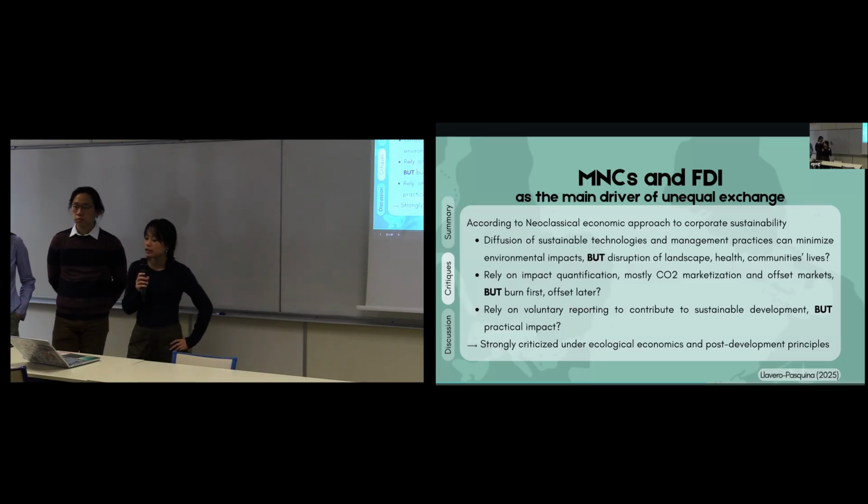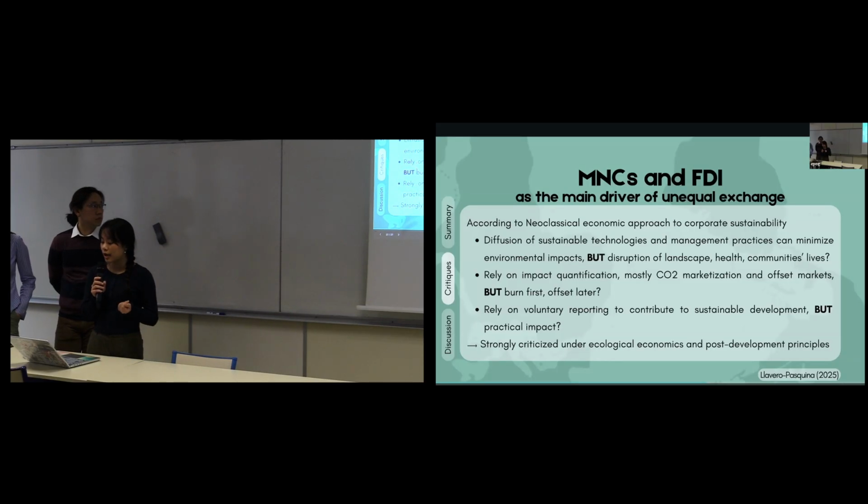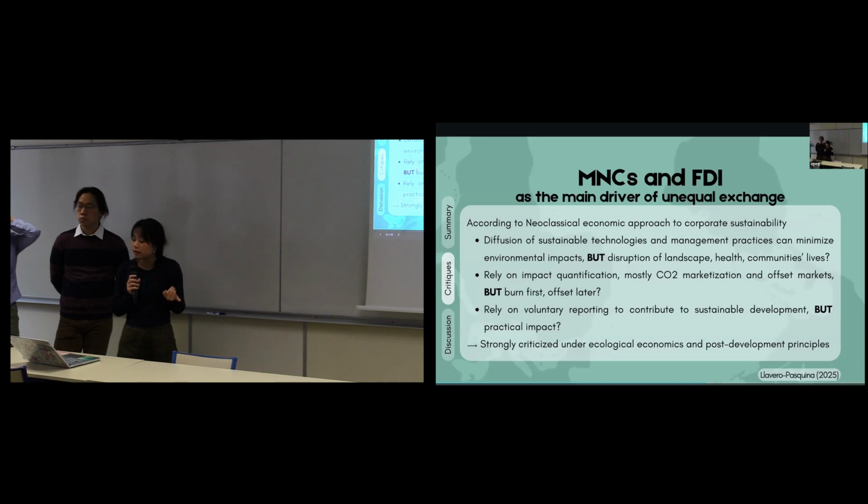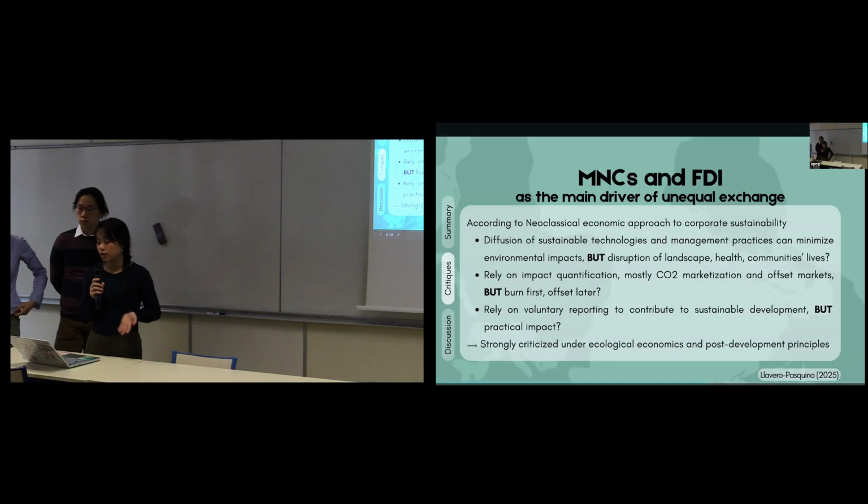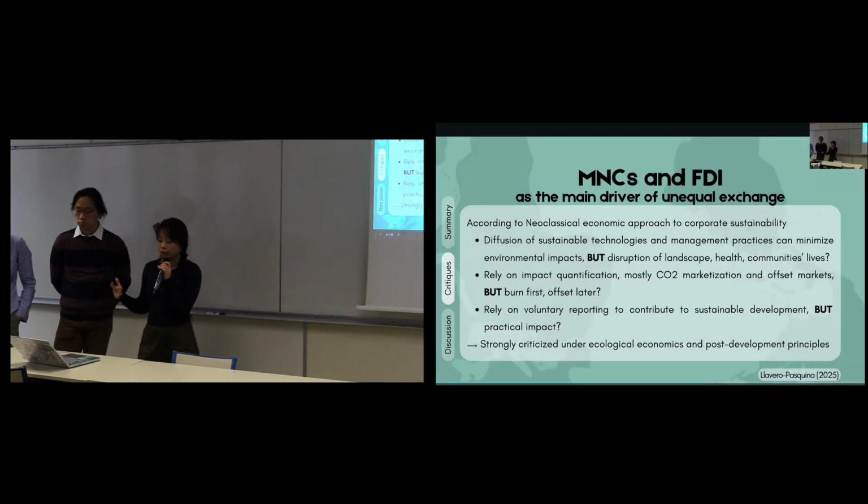The first one is that diffusion of sustainable technology and management practice can help reduce environmental impacts. But as we can tell, we don't talk about disruption of landscape, health, and communities' life. And the second argument is that multinational corporations rely on impact quantification, of which CO2 marketization and offset markets are dominant.